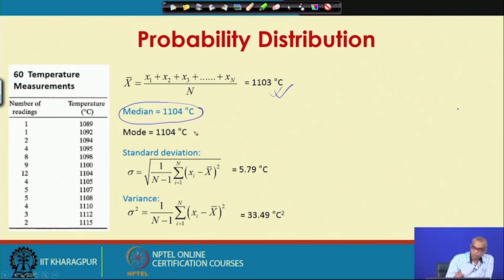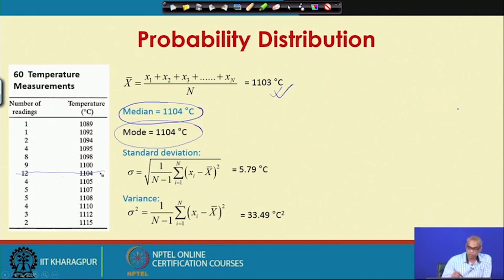Mode is also 1104 degrees Celsius. If you remember, mode is the observation that occurs most frequently, and this is what happens here. 1104 has happened 12 times. So, mode is 1104 degrees Celsius.